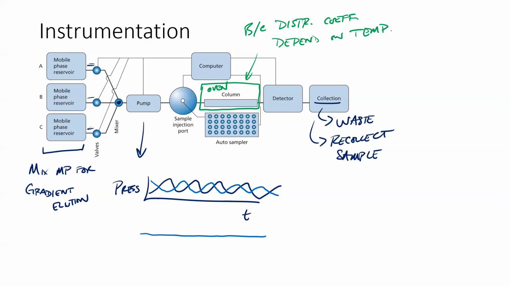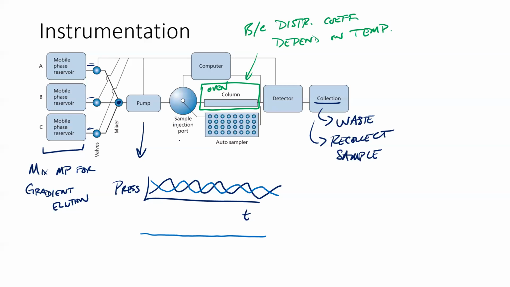And so you'd have maybe 10 or 12 different fractions of your sample. Each fraction would contain a different component, or maybe one component was split over two fractions, but they're separated from one another. And so you can recollect those, and that's a way to, if you have a very precious sample or something like that.